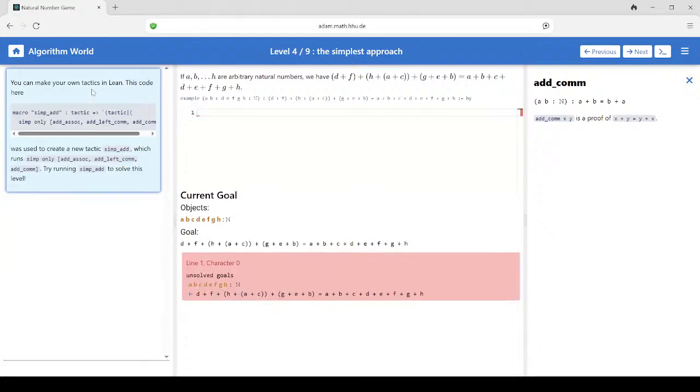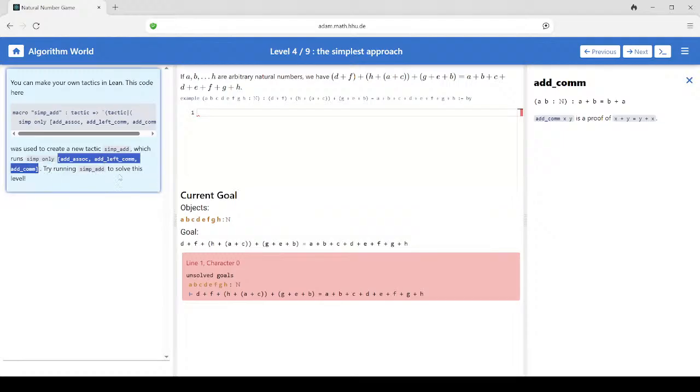Here you can make your own tactics in Lean by running this code. If we were actually using Lean, then I guess that would be the code we used to make a tactic. This code was used to create a new tactic, simp add, which runs simp only, add, it runs what we just did last time. No, that's different. This is different than what we ran last time.